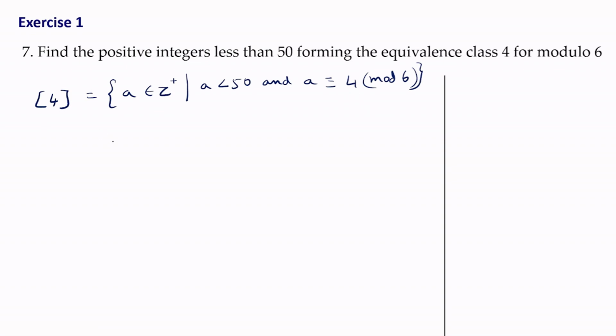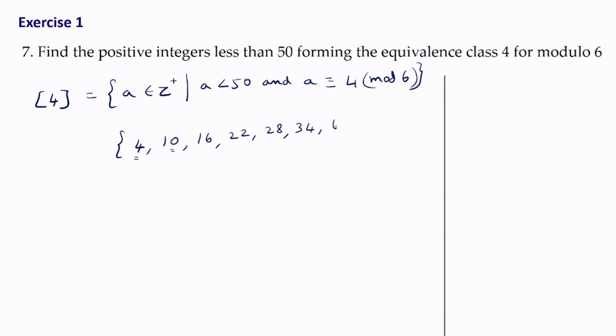So the first number that will give the remainder 4 is 4 itself. The next number which when divided by 6 will give the remainder 4 is 4 plus 6, 10. The next number is 10 plus 6, 16. Then the next number is 16 plus 6, 22. The next number is 22 plus 6, 28. Then we have 28 plus 6, 34.